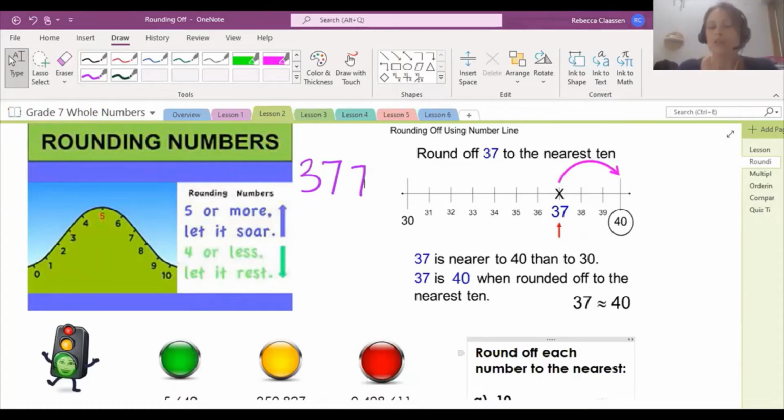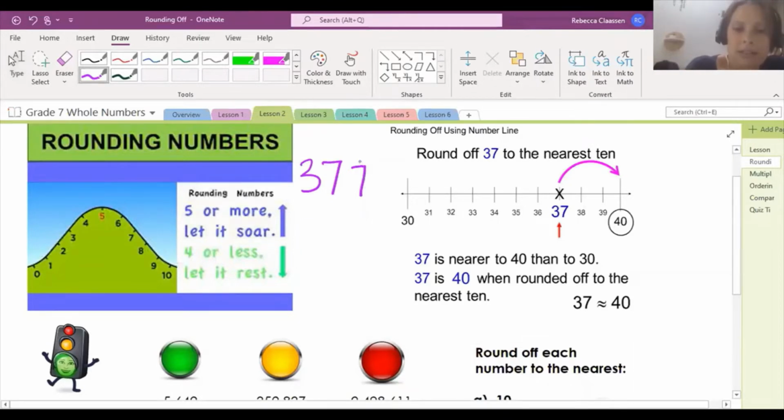Okay. So if we take the number 377 and we're going to round it off to the nearest 10, actually, let's make it 379. Then we've got a different digit to work with. Which digit must we look at to see where we're going to round off, if we're rounding off to the nearest 10?